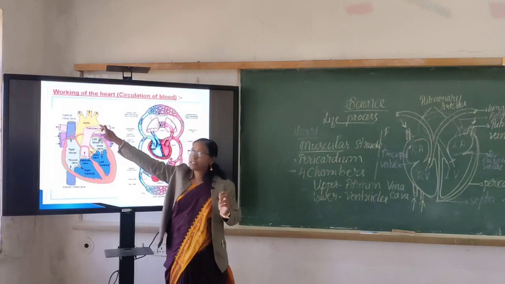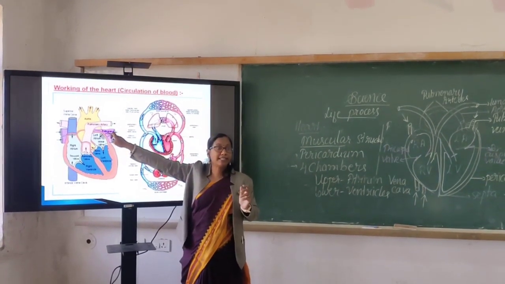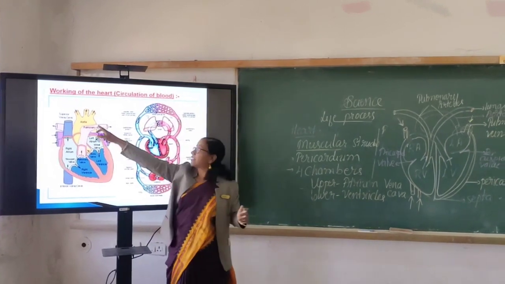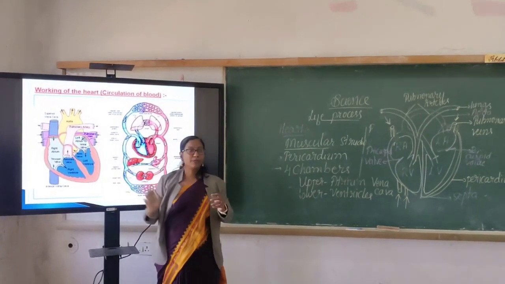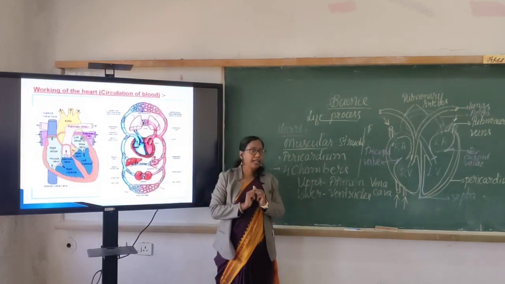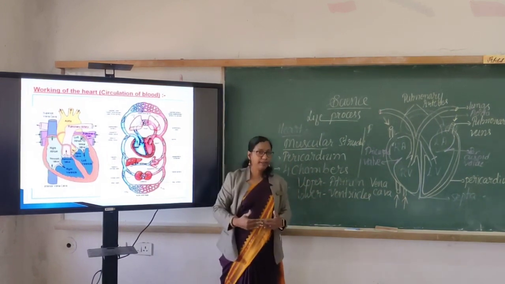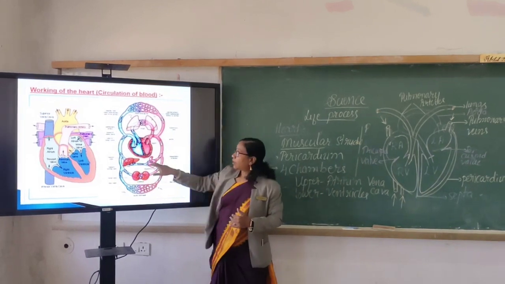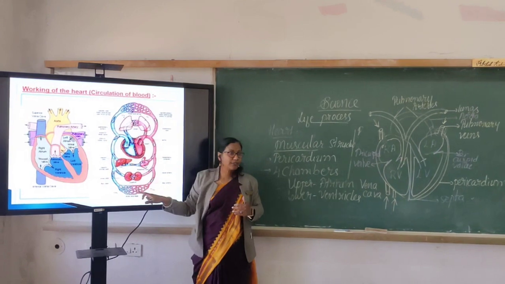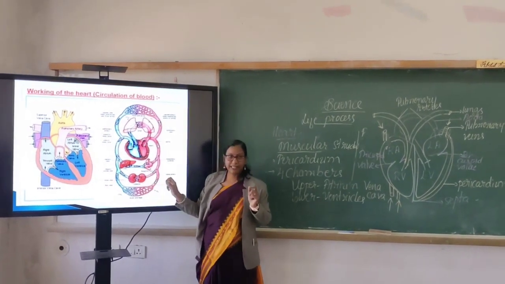vessel. Can you see here? It is the biggest blood vessel called the aorta, and this aorta is further branched. Can you see here? Yes. It is further branched into arteries, and arteries carry oxygenated blood throughout our body. So you can see here the circulation of the blood very precisely given.